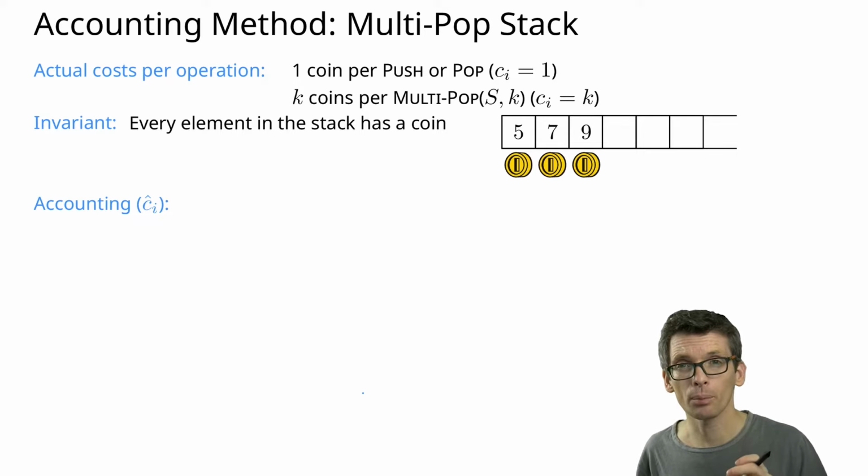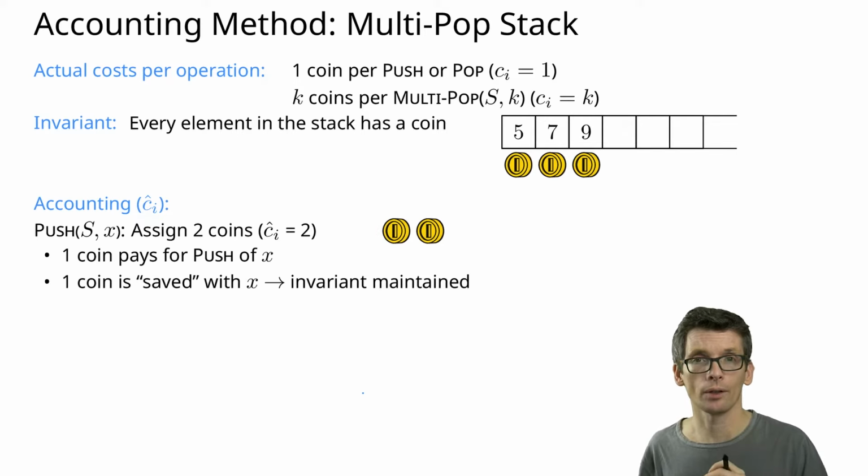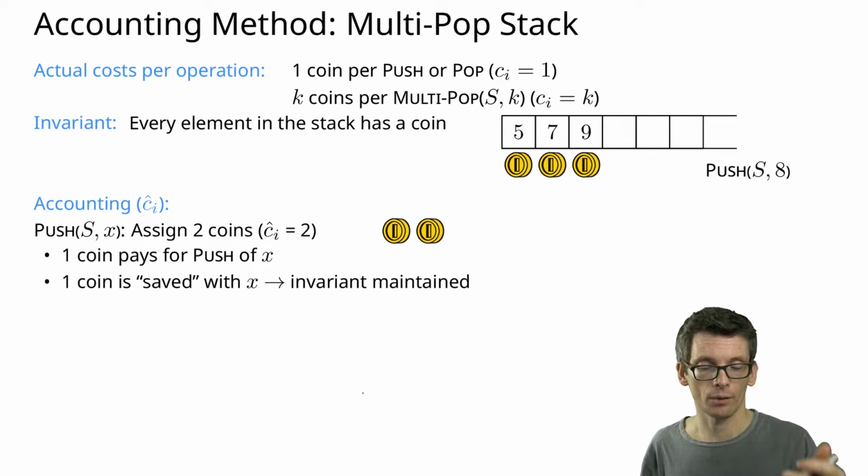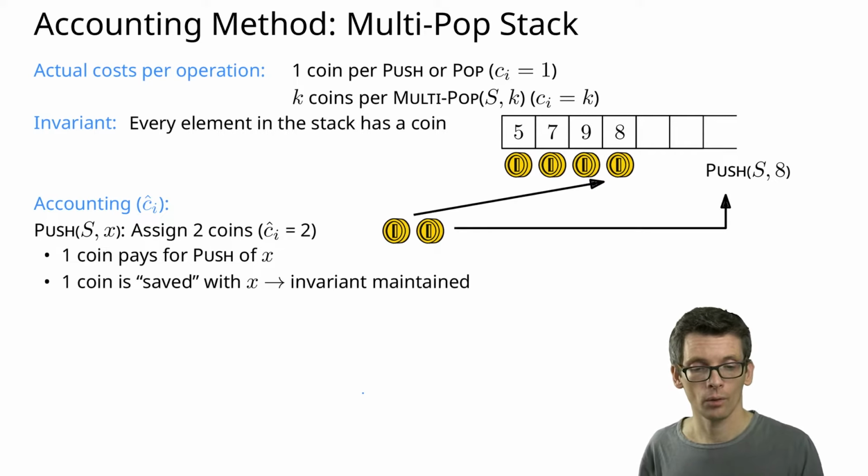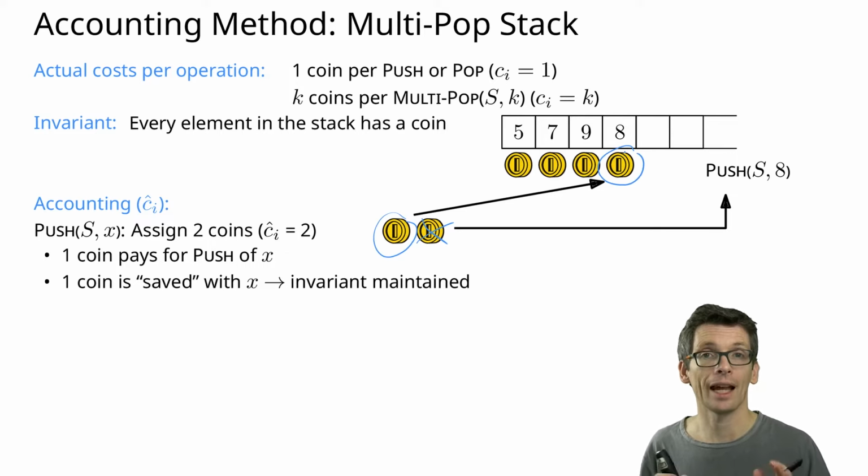For every push, we assign 2 coins: 1 coin to pay for the push, and 1 coin to save. So if we now, for instance, push 8, the push as such costs 1 coin, so that's this coin, and the other coin we're saving with the 8.